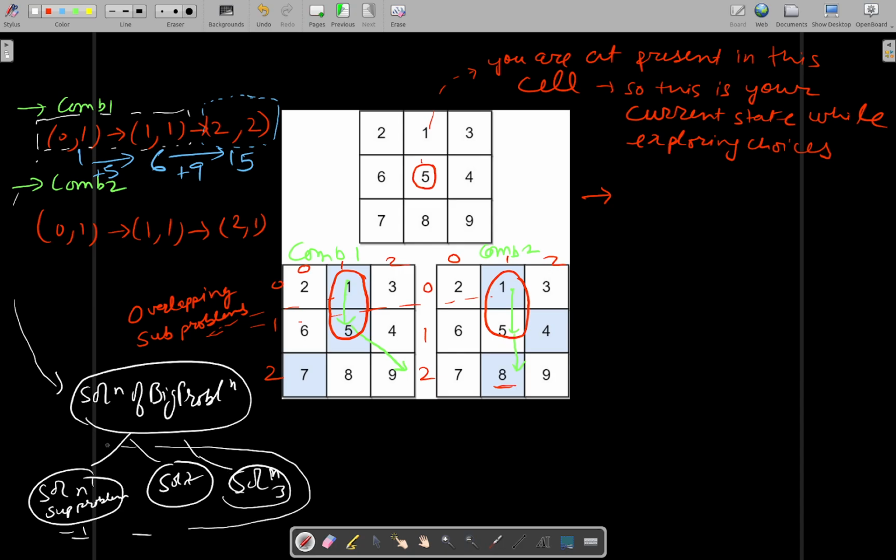So we can combine them and form the solution of the bigger problem. So solutions of smaller subproblems can be combined to form the solution of a bigger problem. This property is called optimal substructure.